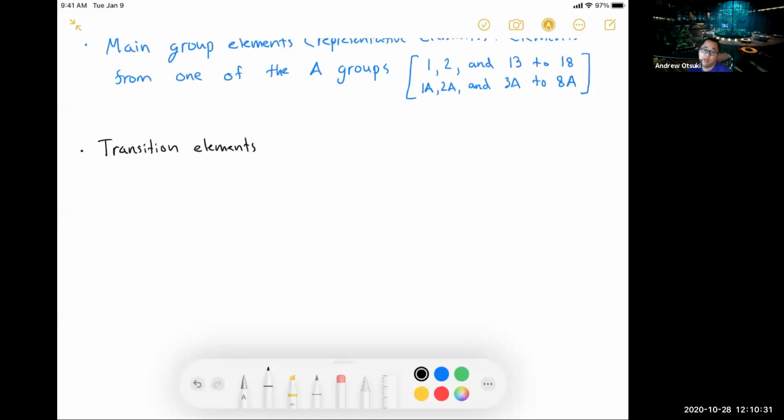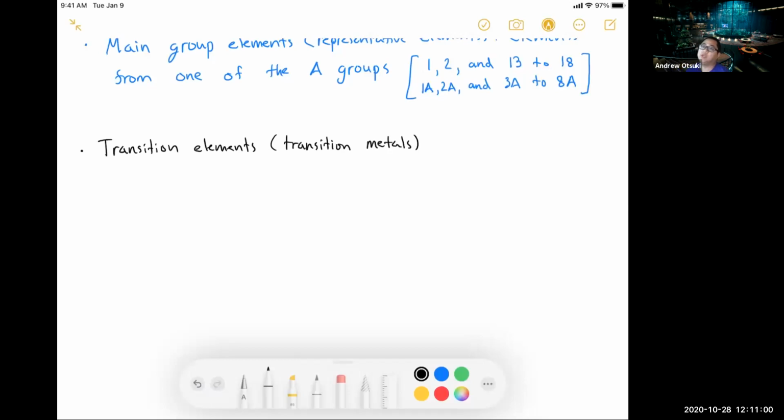In this case, they are called transition metals. Stuff like nickel, iron, platinum. Those metals that we often hear of in the real world are known as transition metals.